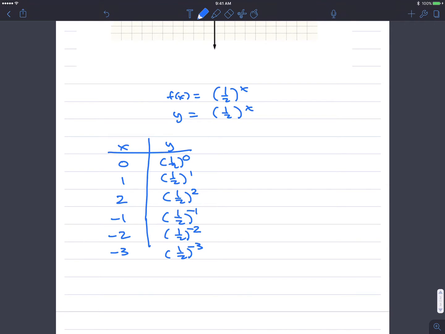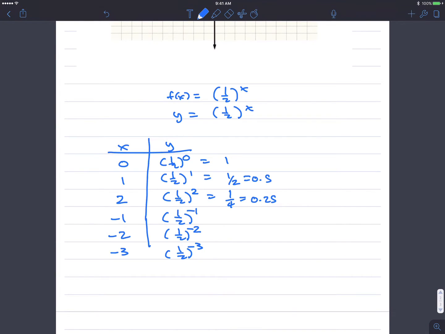All right. What is any number to the 0 power? 1. What is any number to the first power? Itself. So this is actually 1/2. What is 1/2 to the second power? It's 1/4, and that's going to be 0.25. Now, what's 1/2 to the negative first power? Let's do some algebra.